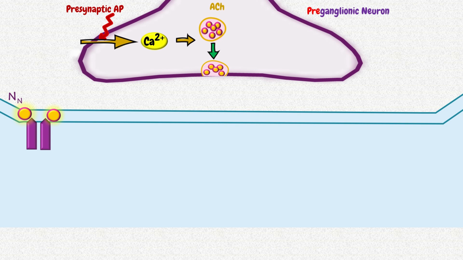Cholinoceptors are nicotinic or muscarinic. Nicotinic cholinoceptors can be stimulated by the alkaloid nicotine, whereas muscarinic cholinoceptors can be stimulated by the alkaloid mushroom poison muscarine.